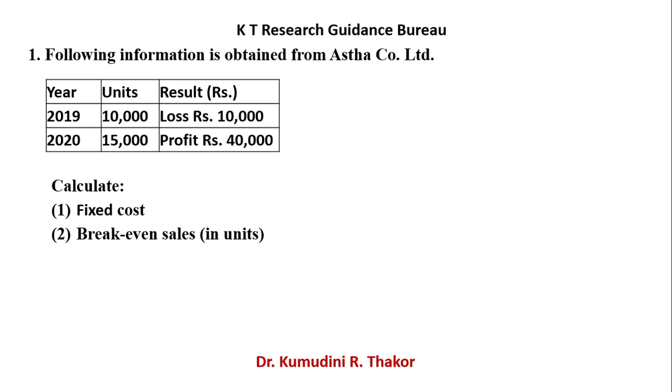And next year when sales was 15,000 units, the company enjoyed 40,000 rupees profit. From this information, you have to calculate mainly two things. First, fixed cost, and second, break-even sales in units.